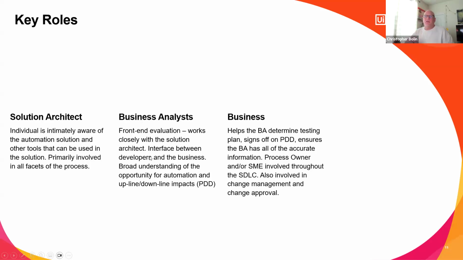Business analysts have a broad understanding of the process, upline dependencies, downline dependencies, what's coming into your automation, what's leaving your automation, where does that output go to? Where does that input come from? Are there system limitations? Is there a normalization of the data that needs to be done?